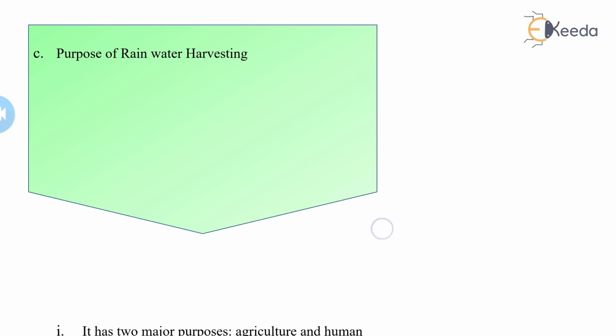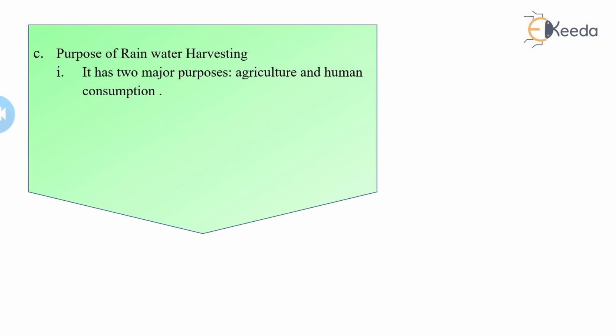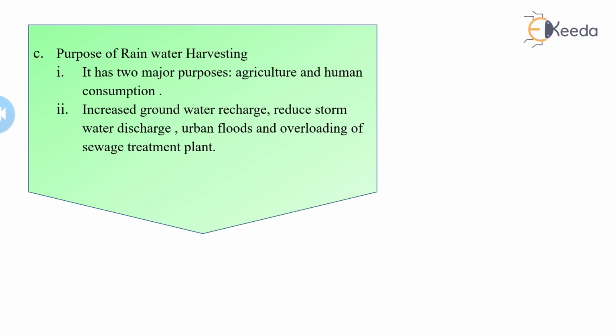The purpose of rainwater harvesting: it has two major purposes. For agricultural and human consumption, we can adopt this rainwater harvesting system to increase the groundwater recharge. It reduces the stormwater discharge, then urban floods and overloading of sewage treatment plants.